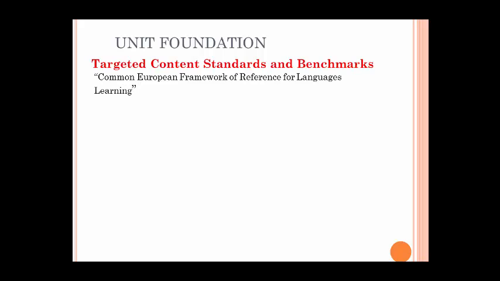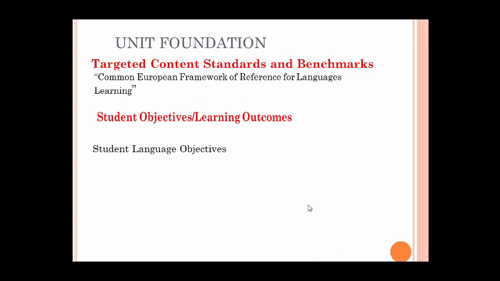The next point is subject objective. In student language objectives, students will practice 2 skills, reading and speaking. In reading, students have reading comprehension passages with short answer questions, classification, and true, false, not given questions.